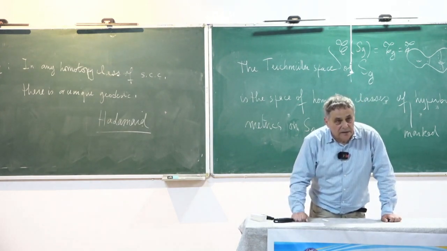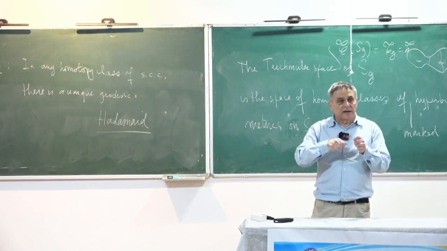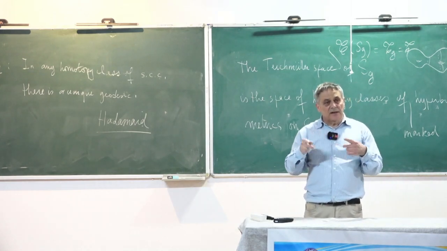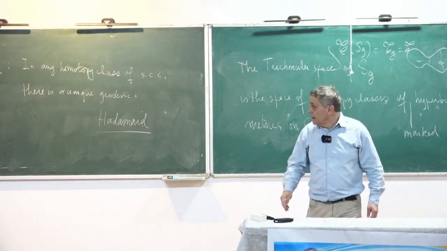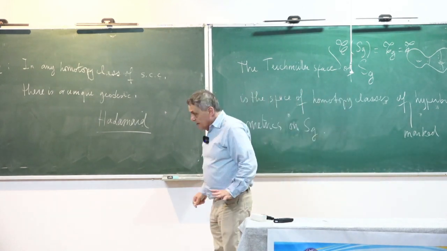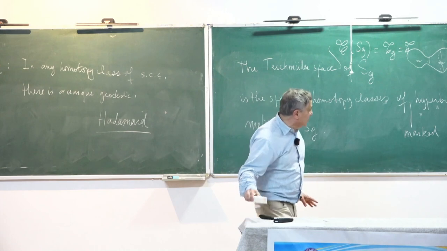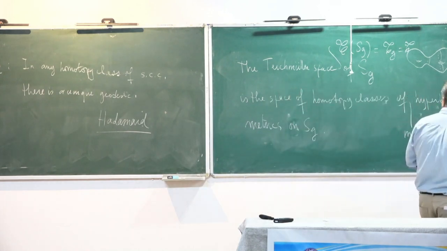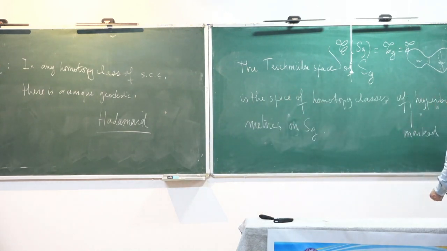I think by applying the Ascoli theorem or things like that, you know, you have curves of bounded lengths, and then the uniqueness is not completely obvious, but you have to prove it.